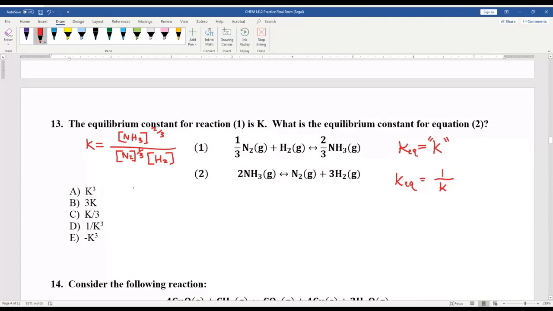And then if I was to write the equilibrium constant for the second one, it would be the concentration of N2 to the first power times the concentration of H2 to the 3rd power, all over the concentration of NH3 squared.